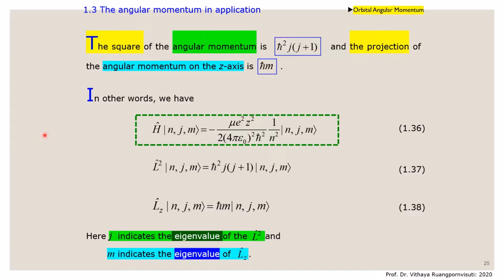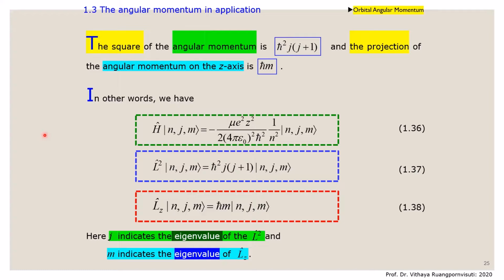And the L square operator operating on the state n j m is found in equation 1.37. The last one is the Lz operator operating on the function or state n j m, and the eigenvalue is equal to h bar times m, as shown in equation 1.38.